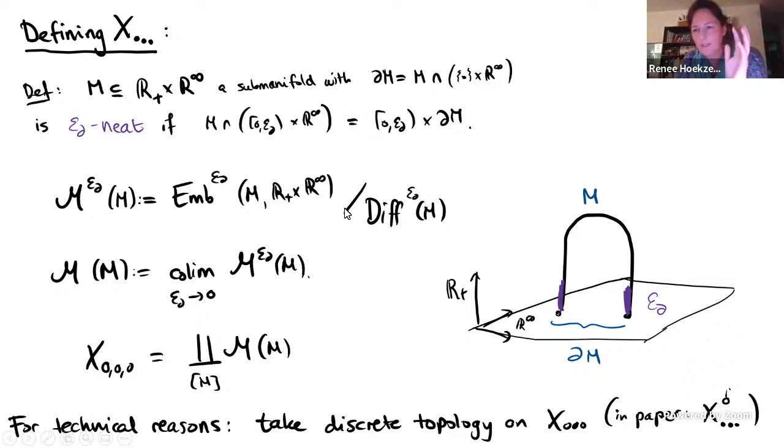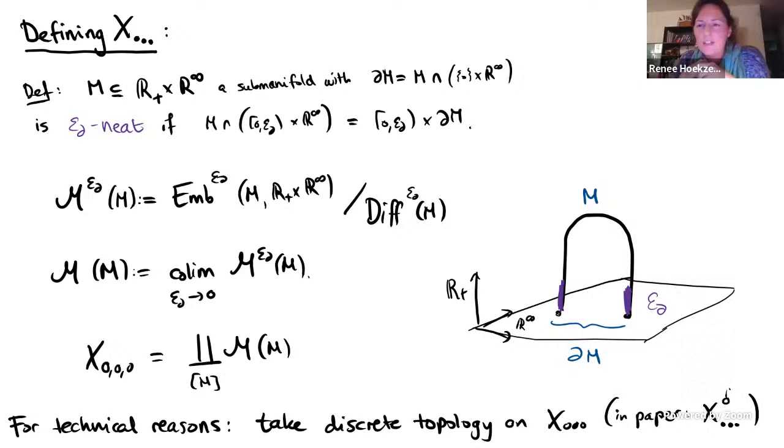But embeddings means I've parameterized, so I can act by a diffeomorphism before the embedding. I mod those diffeomorphisms out, and what I get is a moduli space of submanifolds of R plus times R infinity that look like my manifold M. This is what's normally called B-diff M if you look at cobordism categories.